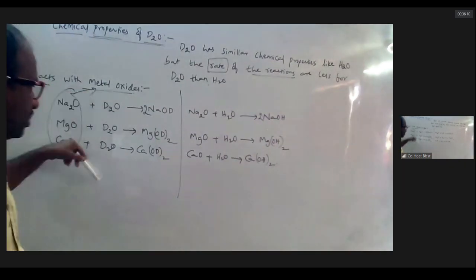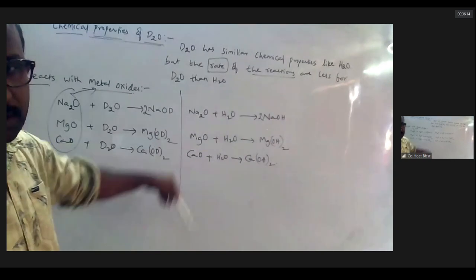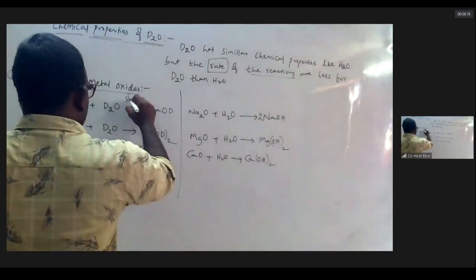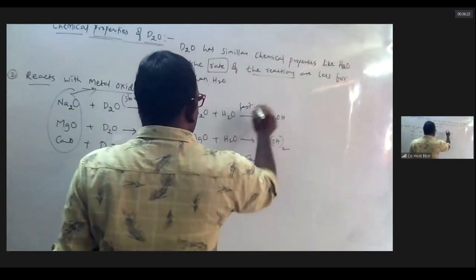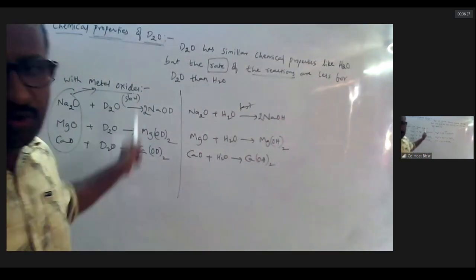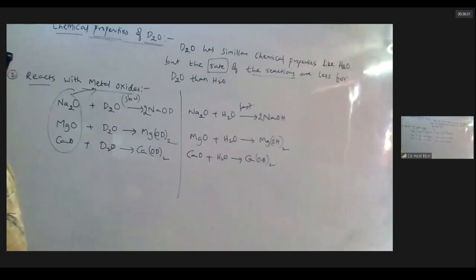Means deuterium oxide is reacting with metal oxides like water. So always these are slow, these are fast. All these reactions are fast. These are slow reactions. These are fast reactions comparatively. Okay, right?